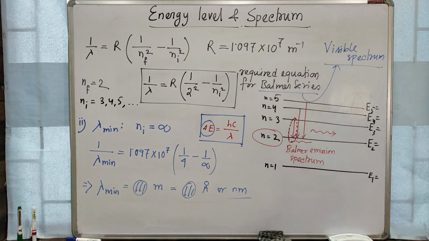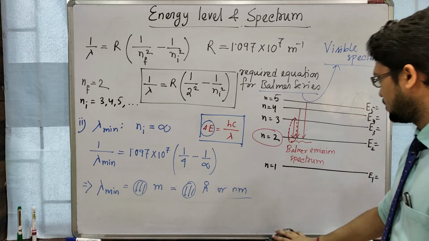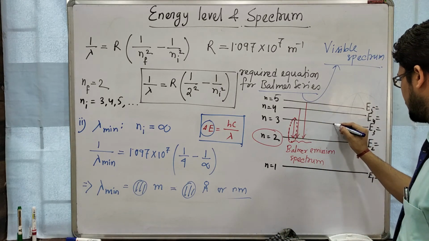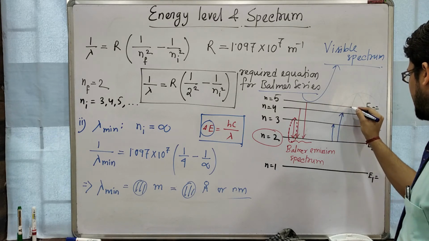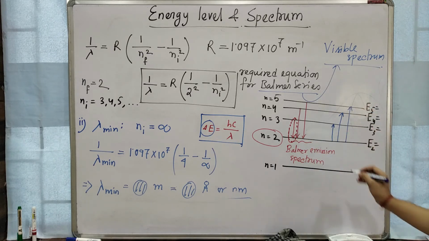So this is emission. Again I am showing you the absorption spectra. You all know how to draw. Just reverse the arrow. That means all the arrows will start from n equal to 2. In emission all the arrows end at n equal to 2. Here all the arrows will start from n equal to 2.